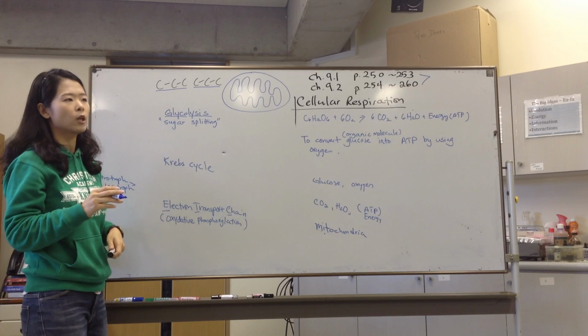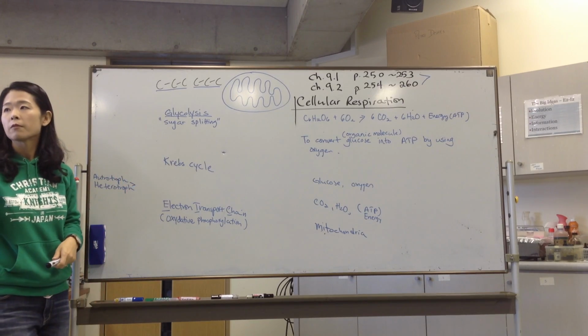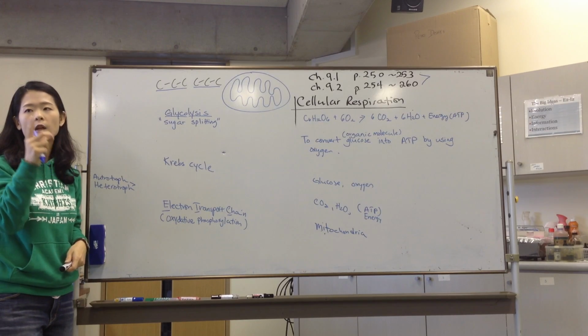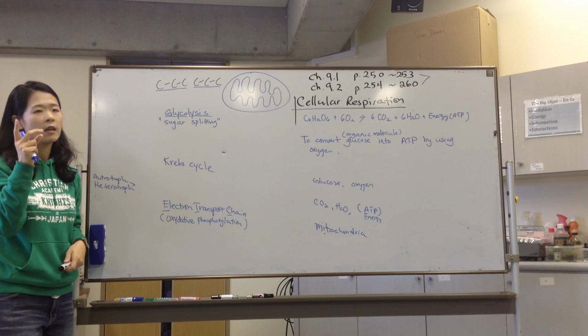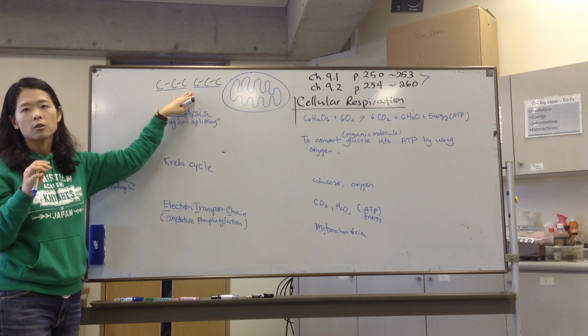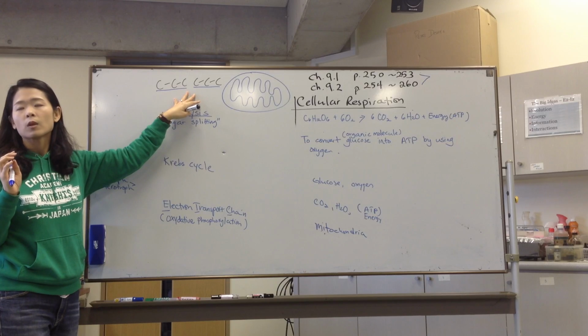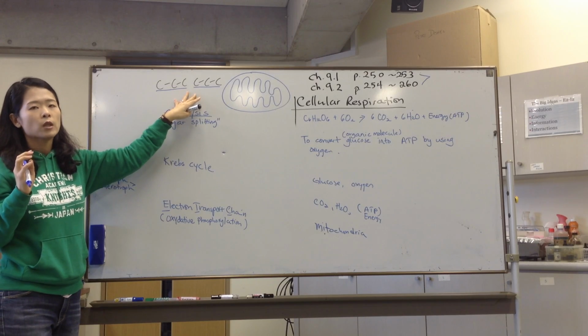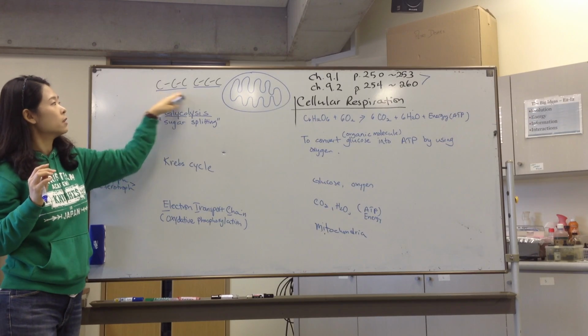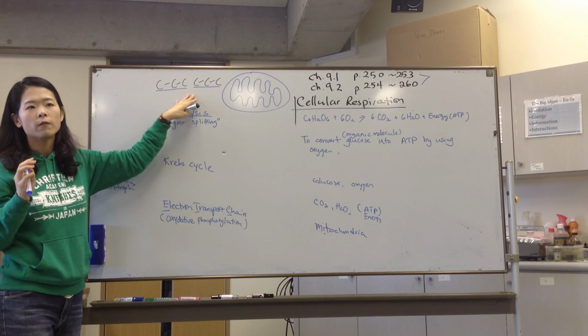Now what are electrons? Electrons are one of the subatomic particles that make up an atom: proton, neutron, and electron. The negatively charged electrons are going to be released from this molecule. Now, what does it indicate? Electrons are basically stored in the molecule as a form of energy.